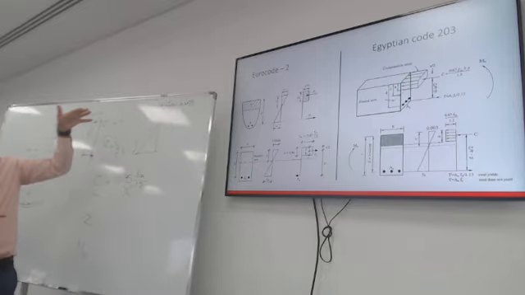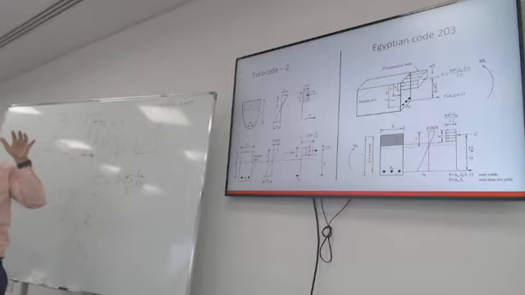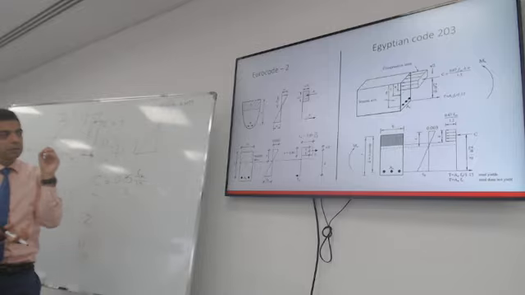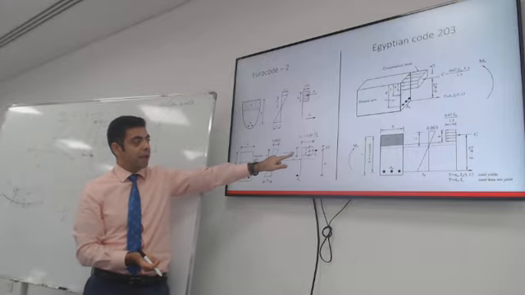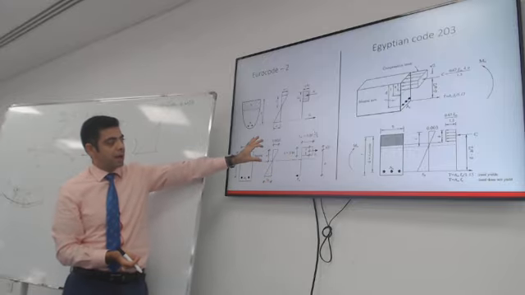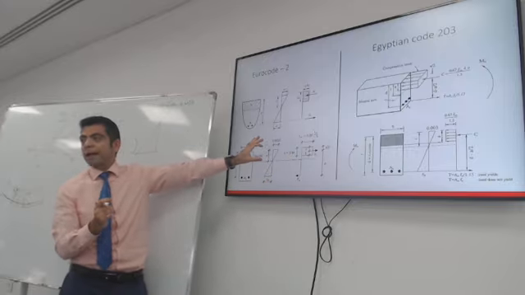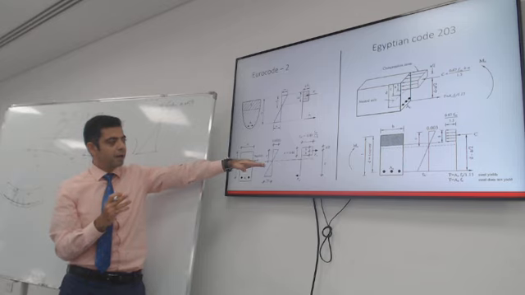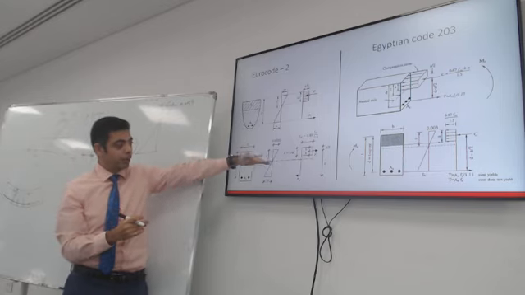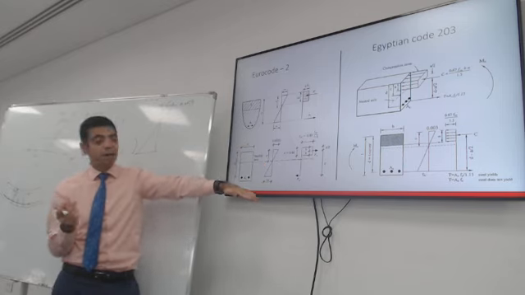What are the other dimensions of that block? Its depth is 0.8 of the depth of the neutral axis. I already talked about the neutral axis. Do you remember what I said about it? Above it is compression, below it is tension. There you go.